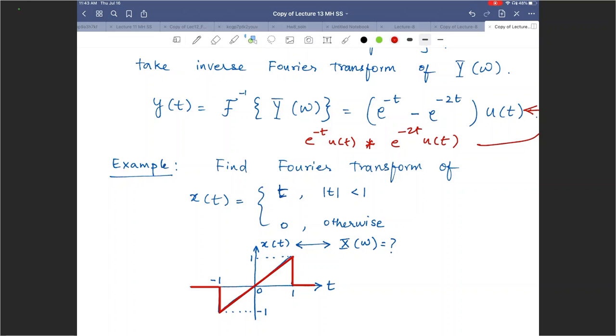And the reason is this. As soon as I differentiate x of t, I will have a rectangle. And I know the Fourier transform of a rectangle. It is a standard result. So whenever you see linear functions, you know straight off that the time derivative property is going to be extremely beneficial.